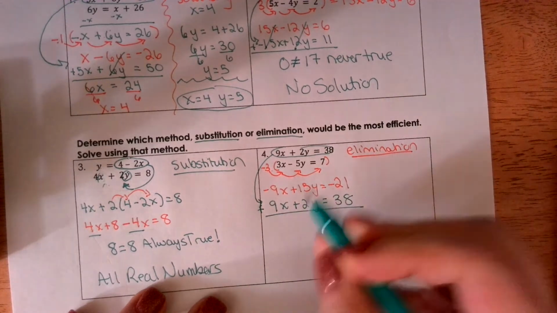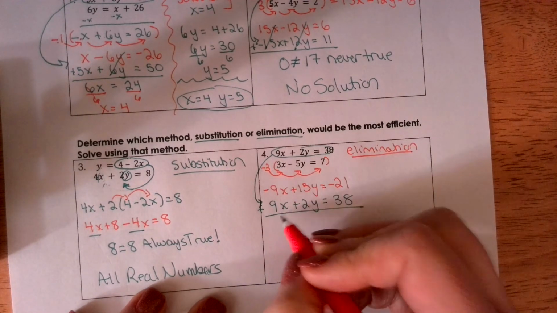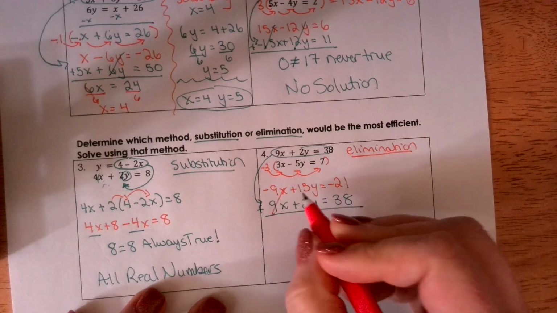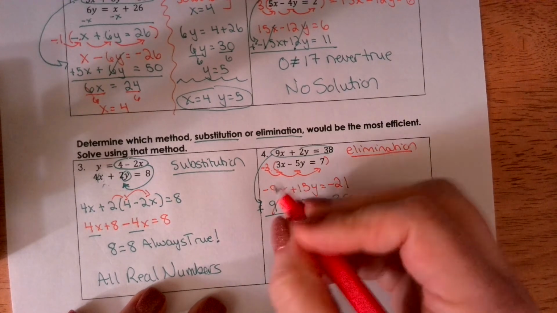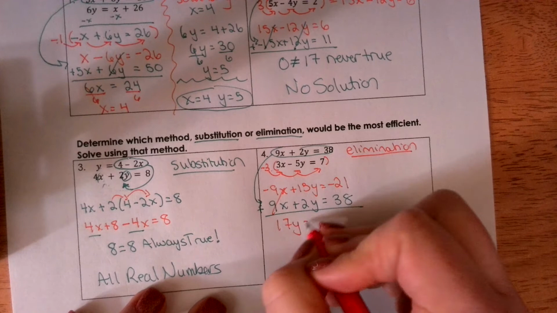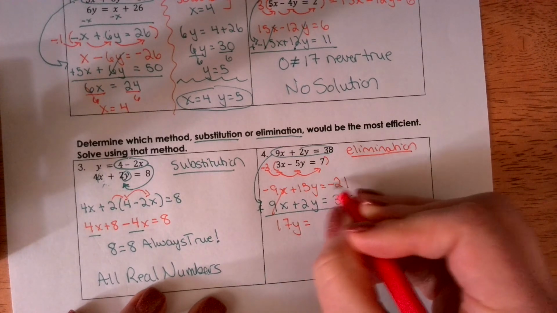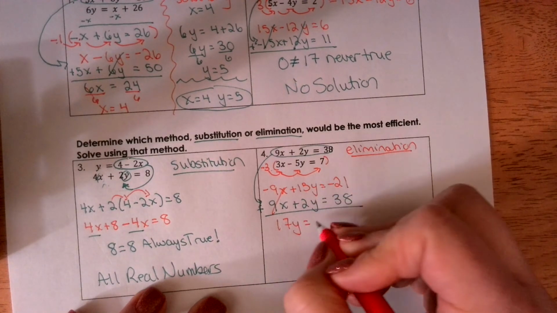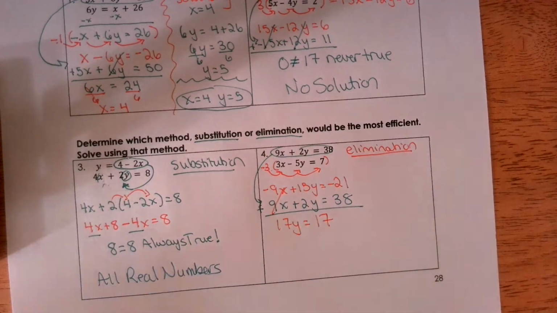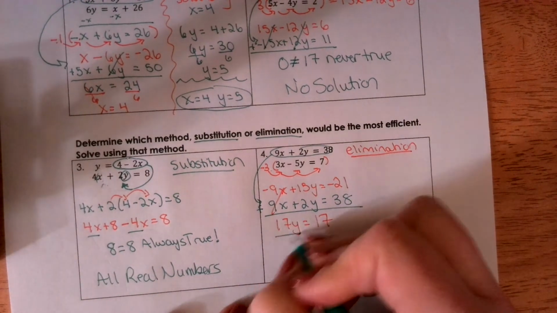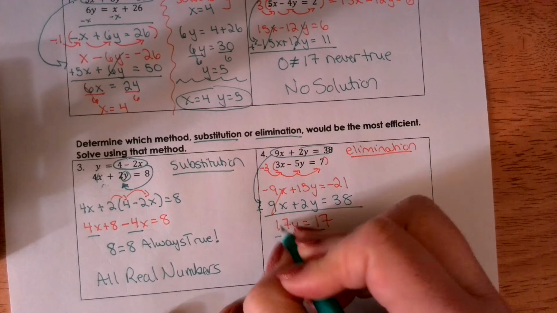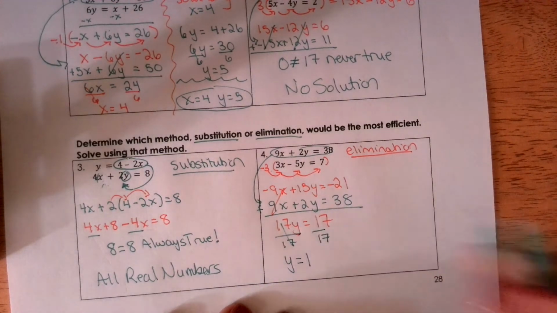When I combine these, I get -9x plus 9x, 0. 15y plus 2y is 17y. -21 plus 38 is actually 17. I love when that math works that way, because when I divide by 17, I get y equals 1.